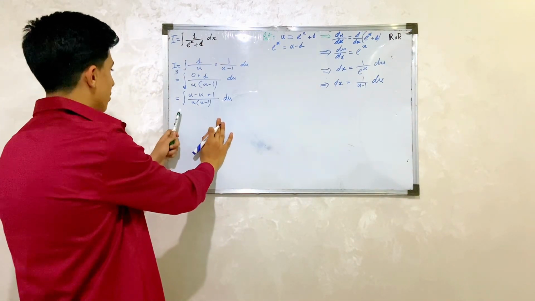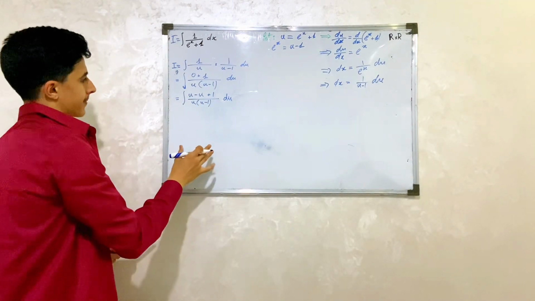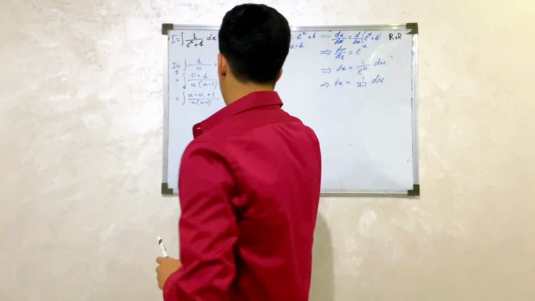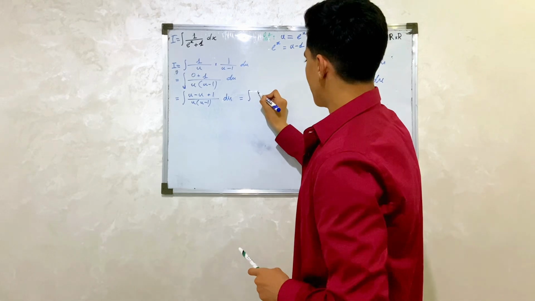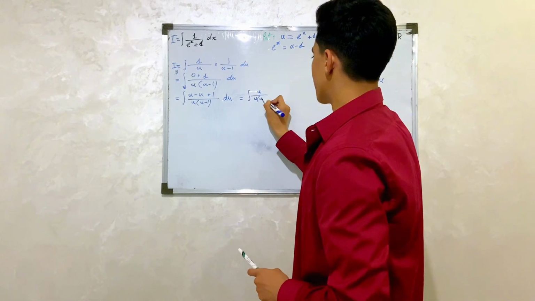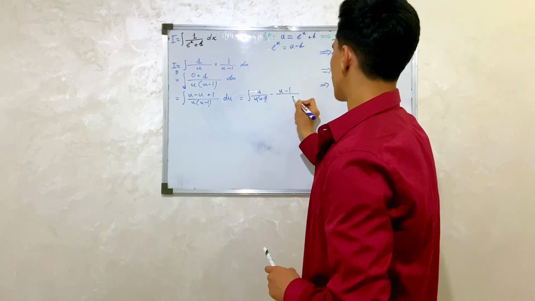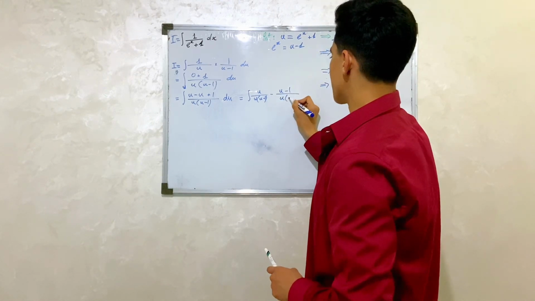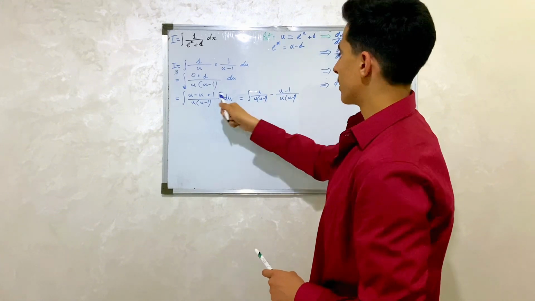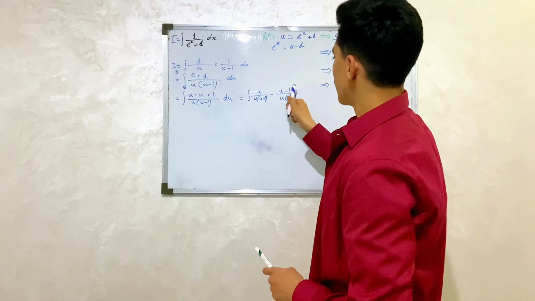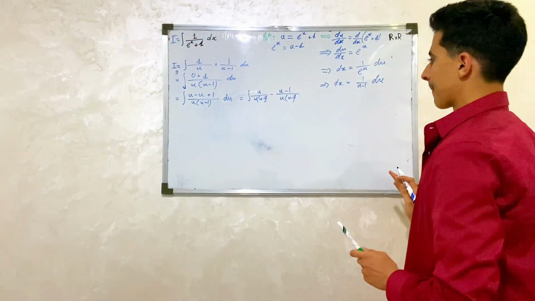Now what we are going to do is break this fraction into two parts. We are going to rewrite it as the integral of u over u times u minus 1 minus the integral of u minus 1 all over u times u minus 1, because negative 1 times u is negative u, times negative 1 is positive 1. So no issues here.